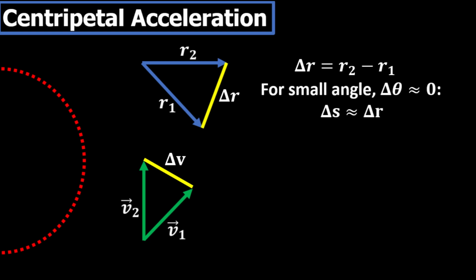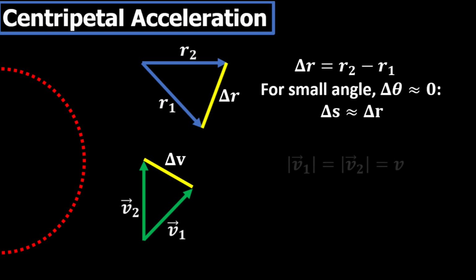Because these are small angles, as you know in mathematics, the arc length is equal to the radius times the angle between them, generally in radians. So s equals r theta. But because theta is so small, our arc length delta s is going to be approximately the same as our delta r.